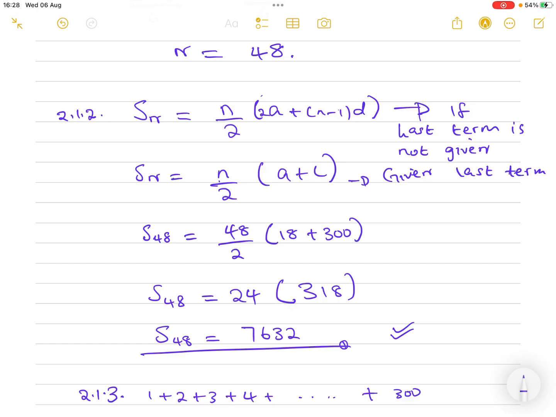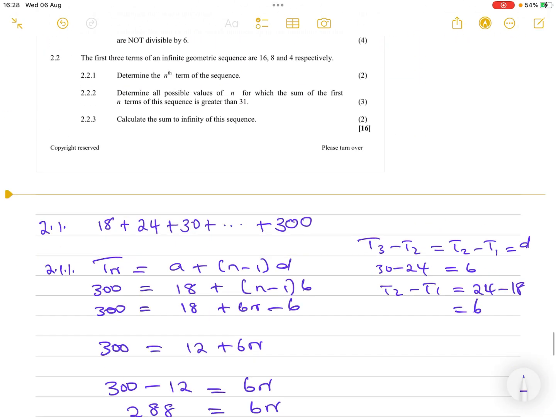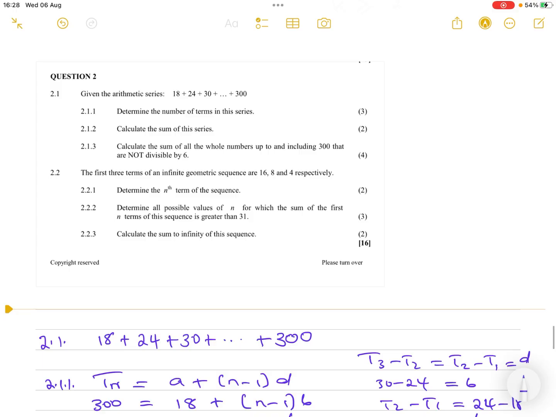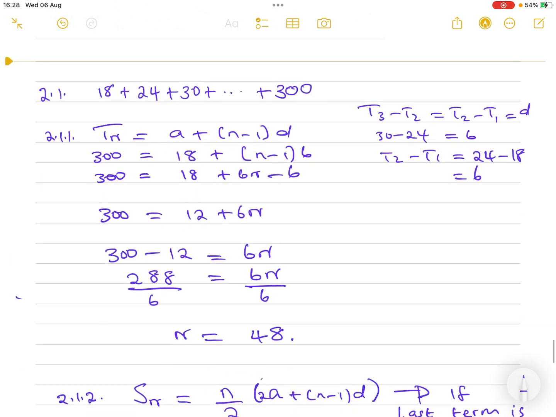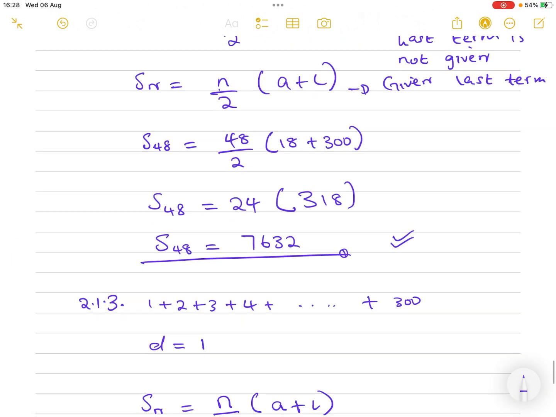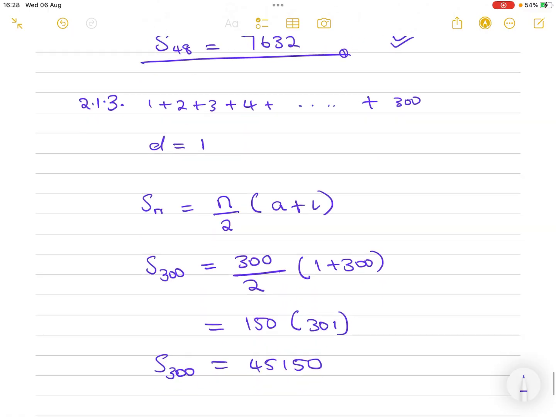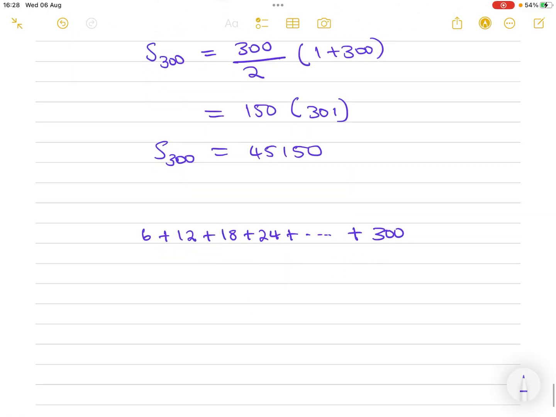In the summation of the series, we did not start from the smallest number that is divisible by 6, but we started by 18. So there are two more terms before 18 that are divisible by 6, which are 6 and 12. So that is why I did not use this information that is here. I hope I made myself clear.